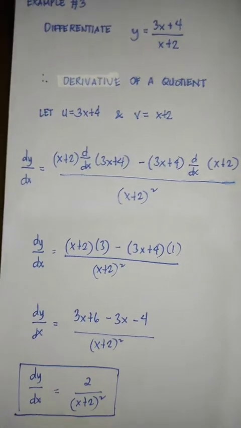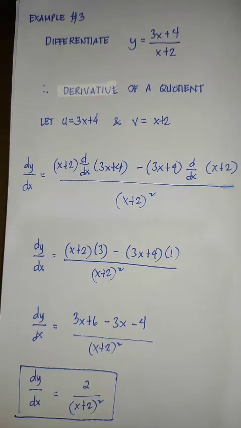Next is differentiate y is equal to 3x plus 4 over x plus 2. This is derivative of a quotient. So, alam mo na, pag quotient, yung denominator is naka-square. And then, mag-let ka na lang ng u and v para mas madaling i-process. Dito ang u mo is 3x plus 4 and then v is x plus 2.